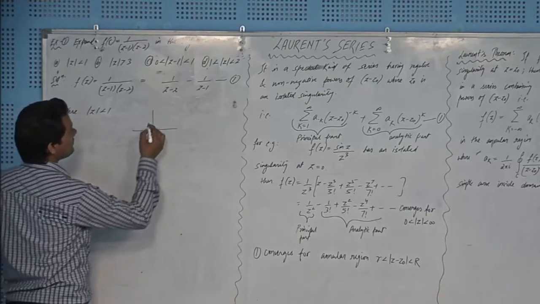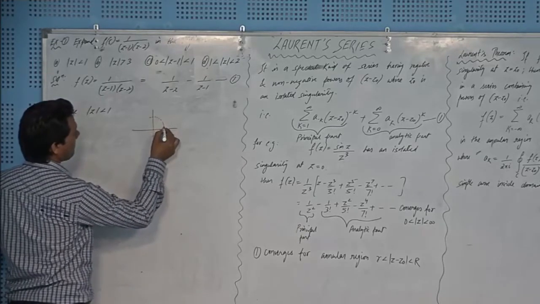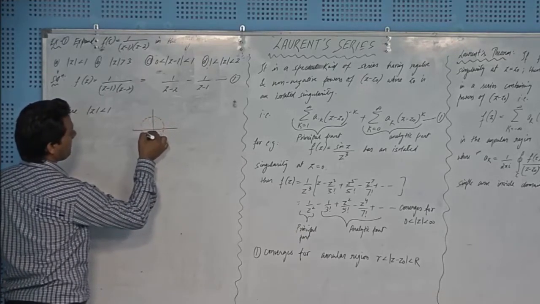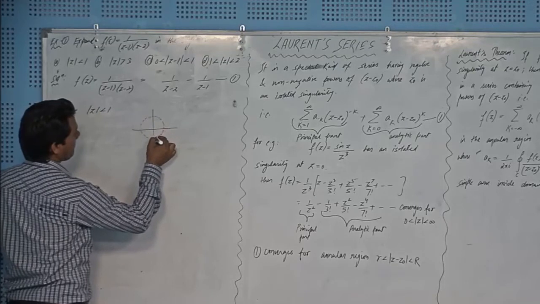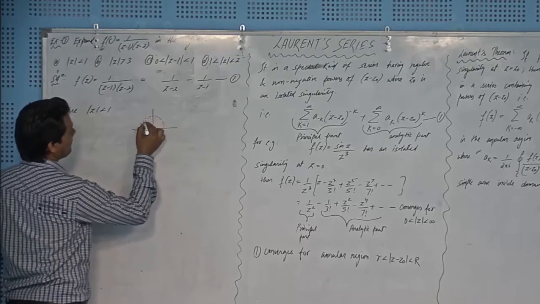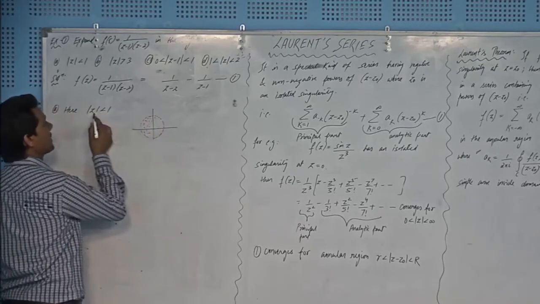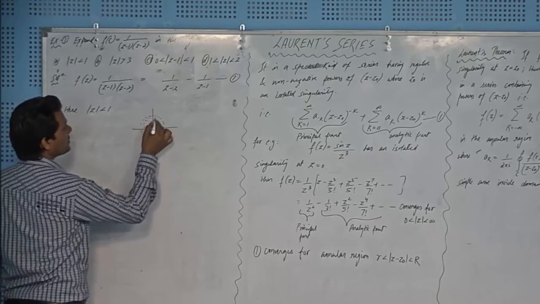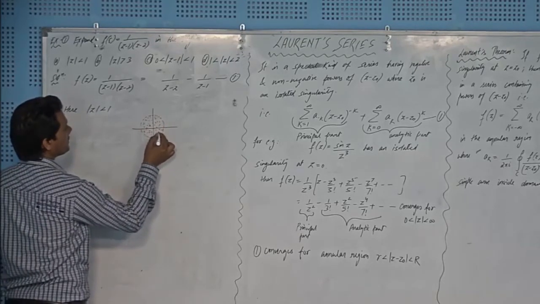So mod z less than 1 means this: an open disk centered at origin, with radius equal to 1.